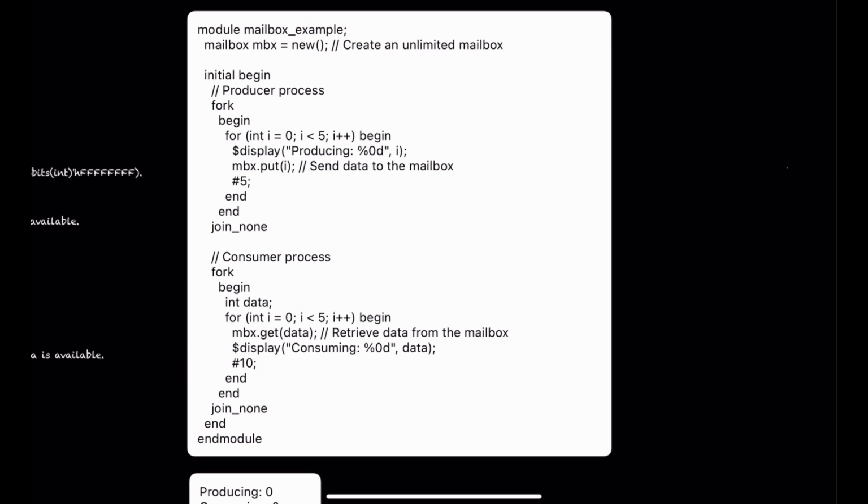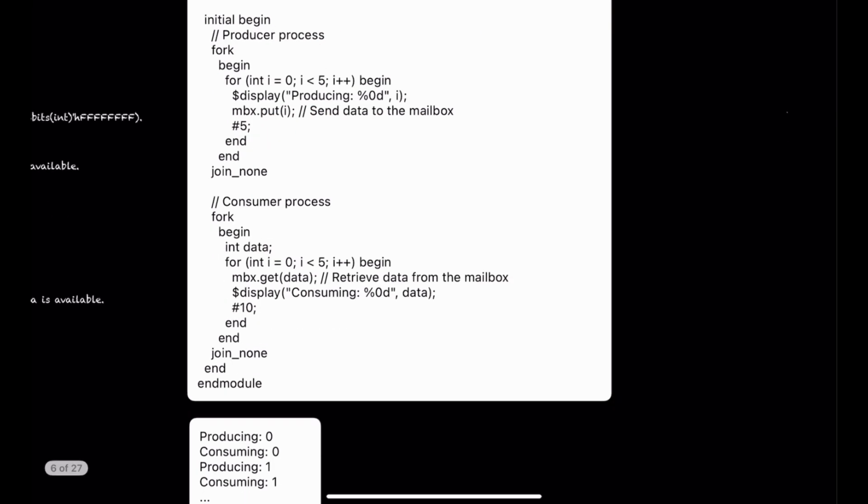Now let's start with begin, and we'll write an iterative for loop from 0 to 5, displaying producing i, like producing 0 or producing 1. On the first iteration, for i equal to 0, mbx dot put i will put 0 into the mailbox. Put will send 0 to the mailbox.